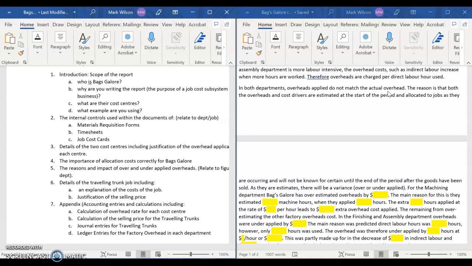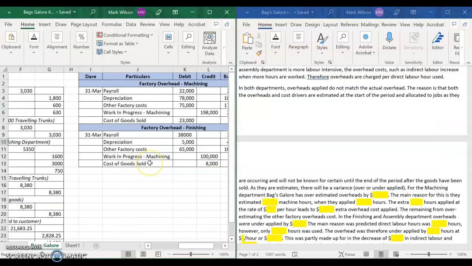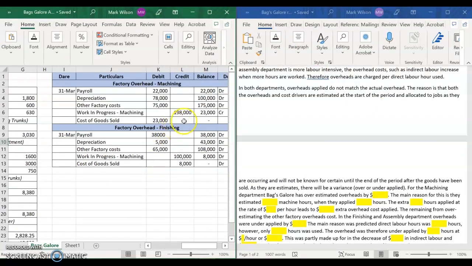Therefore we charge 4,000 multiplied by that $4.50 more than we expected. So when we look over here, we can see that we over allocated overheads by 23,000. That's the main reason. If you multiply 4,000 times $4.50, that accounts for 18 out of the 23.